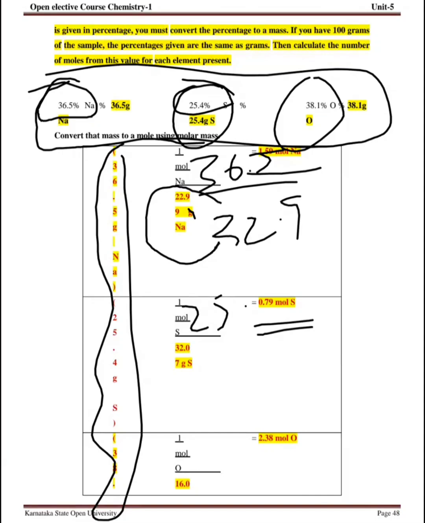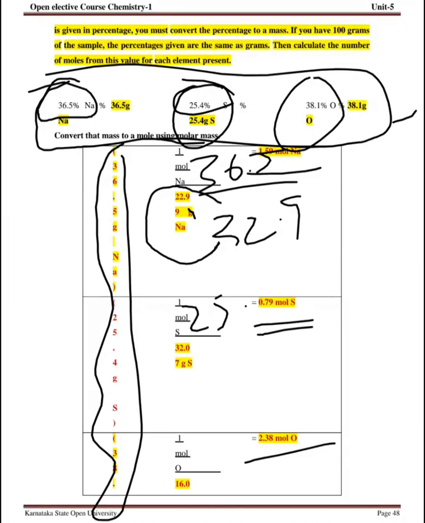Same for oxygen, the atomic weight is 16, so 38.1 divided by 16 gives 2.38 moles. Whatever the compound given, we divide the percentage by the atomic weight, and you will get the number of moles present in that given sample.